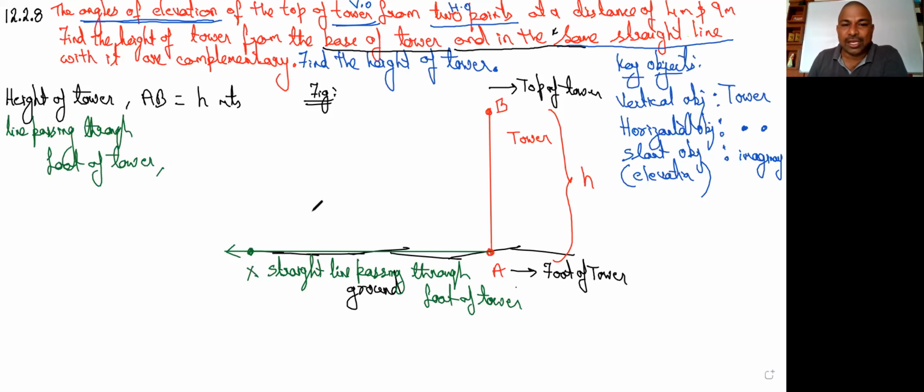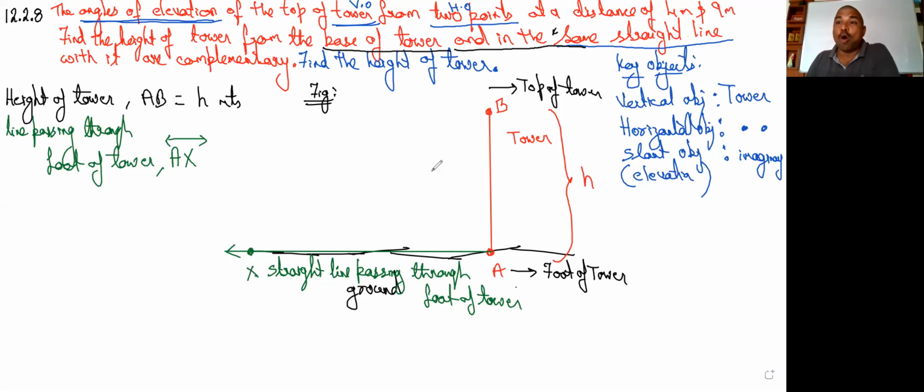Dhruvita, can you please tell me which is the line passing through the foot of the tower? AX. Where did it start? At A. Where is it moving? Towards X. Therefore, I have drawn a ray or whatever it might be. If he is talking about a line, let me draw it like that.